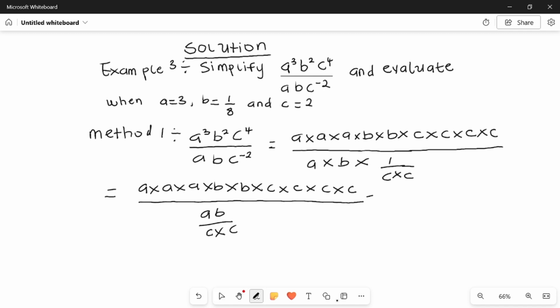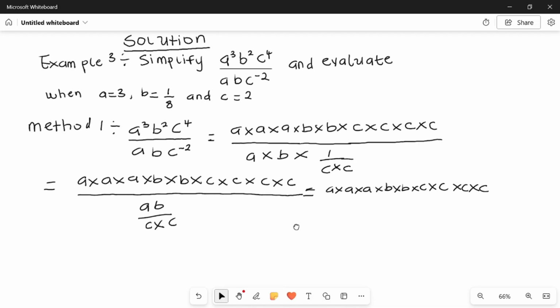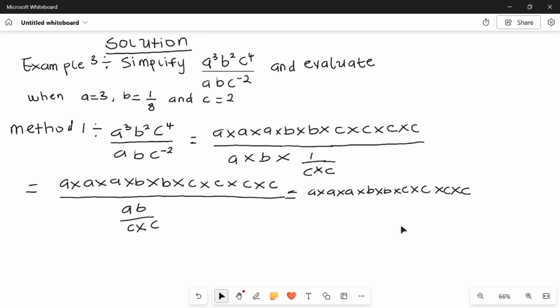So this can also be written as a times a times a times b times b times c times c times c times c divided by ab all over c times c.